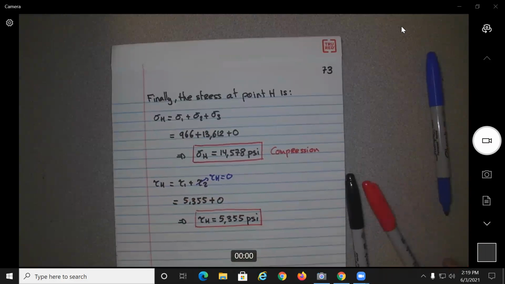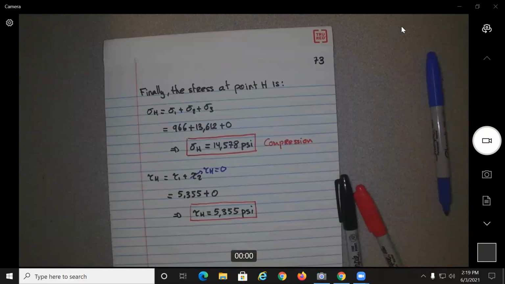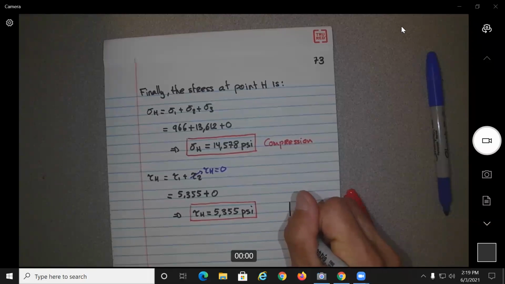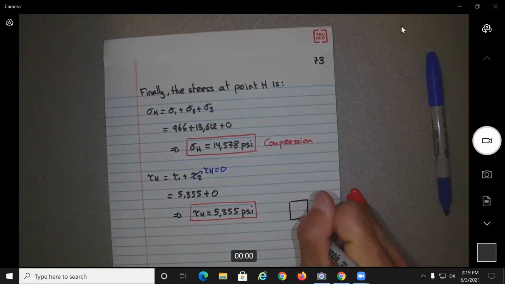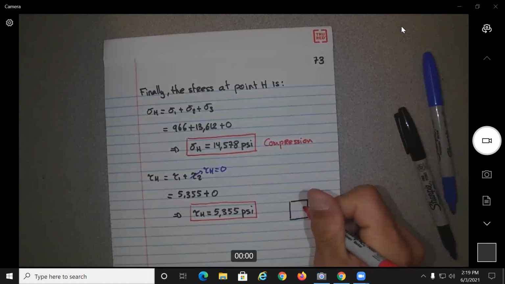Okay, and something I probably forgot to mention is that when we talk about shear, there is not really tension or compression. There is positive or negative, but this will tell you the direction of the shear. But remember what we said last time is that if you look at a cross section, the shear will be what?